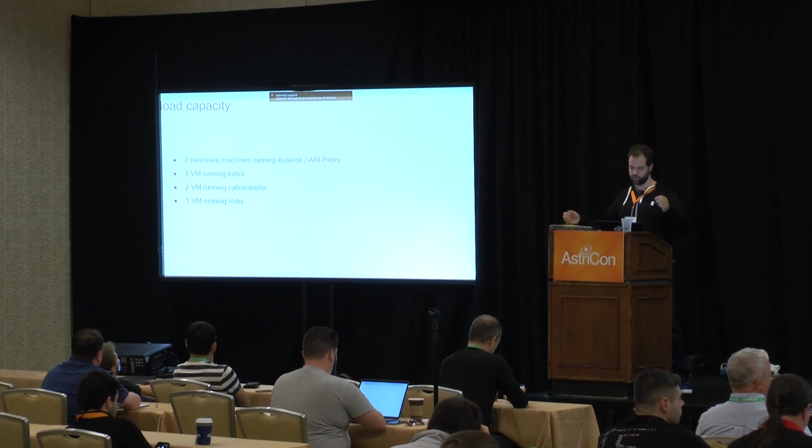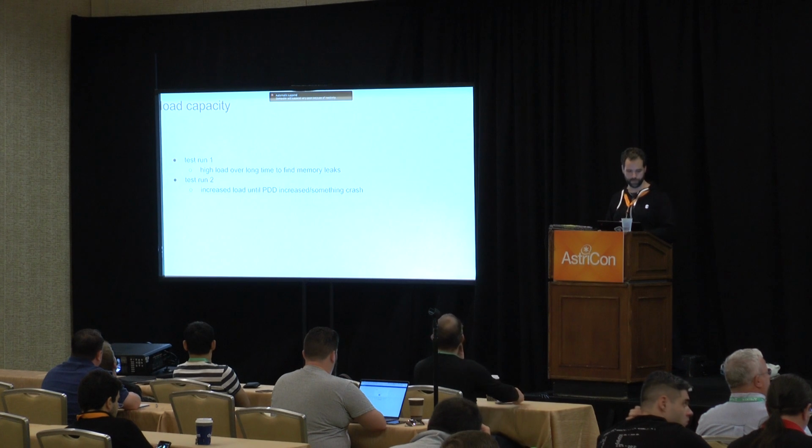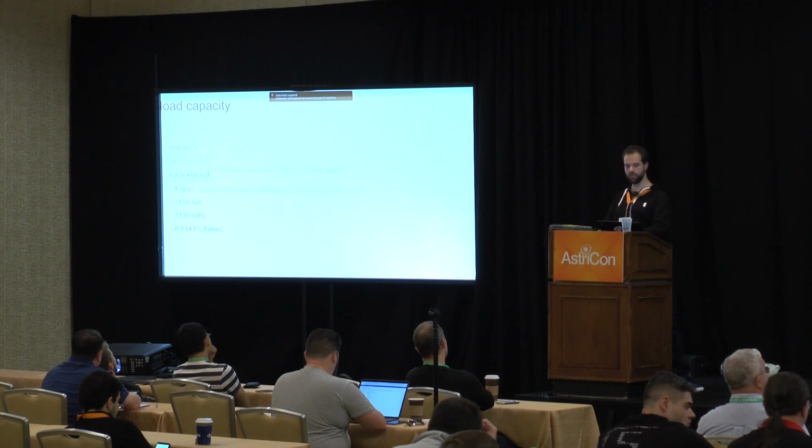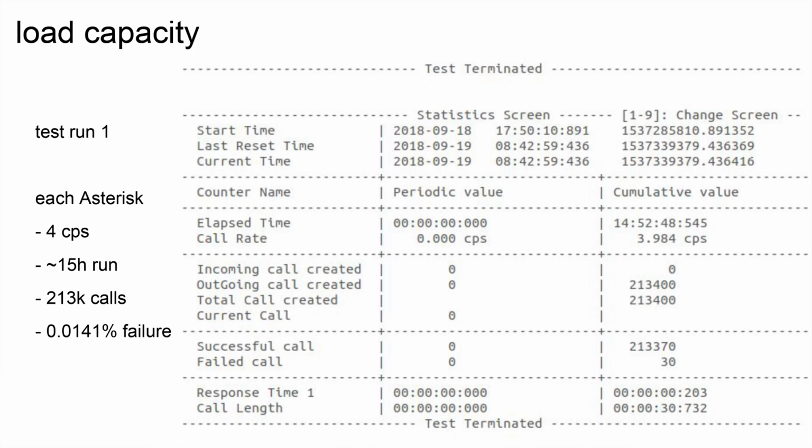Then we started. The first run was mid-load capacity over a long time to see if we break after a certain time. And the second run was increasing load until it breaks. So this is, hope you can read it, what we did overnight: we had 4 calls per second for each Asterisk.